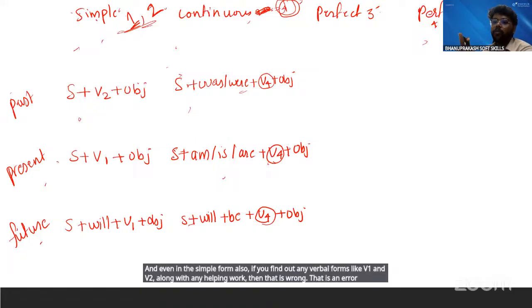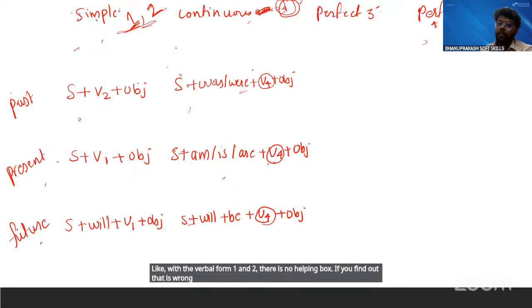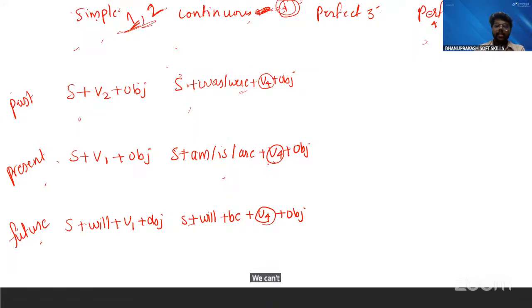You can directly opt for that option. With verb form 1 and 2, there are no helping verbs. If you find one, that is wrong. We can't say, yes, the same example, I am saw, or I am ate. All these things are wrong. I am eating is right. I was seeing is right, but not this.